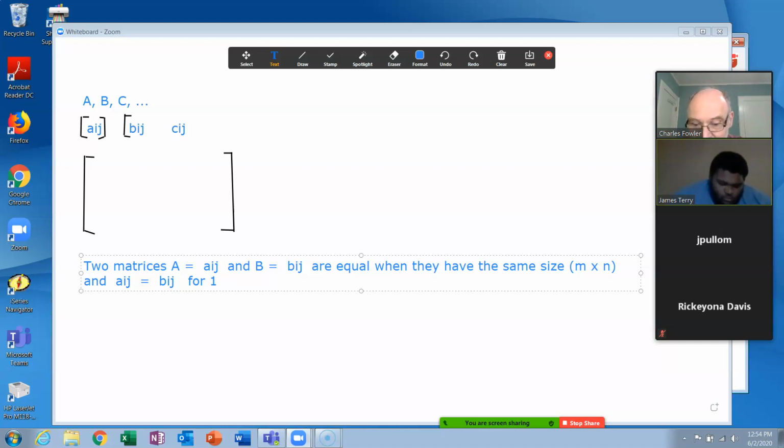I'll do the best I can. It's a less than or equal to, so I'll come back in and draw the equal sign in a minute. Now that's what it means.